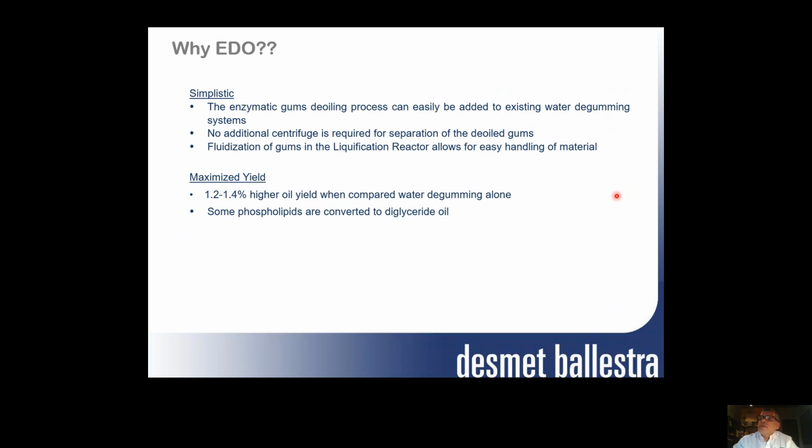And naturally, what is important is the maximization of the yield, which is about 1.2 to 1.4. We expect even higher values of oil yield when compared with degumming alone. So the extra yield will be about 1.2 to 1.4% of the oil production. And naturally, some phospholipids are converted to diglyceride oil.